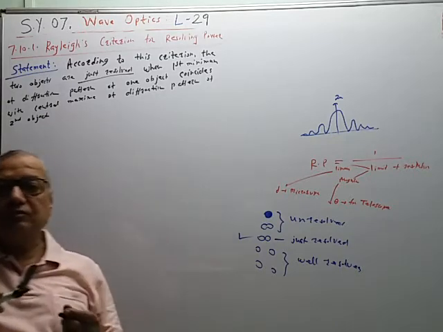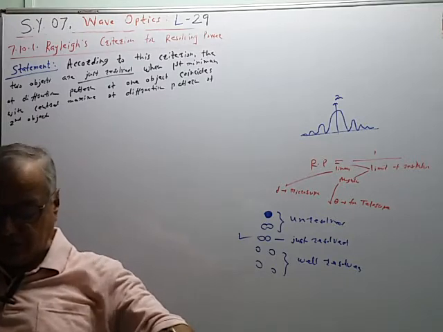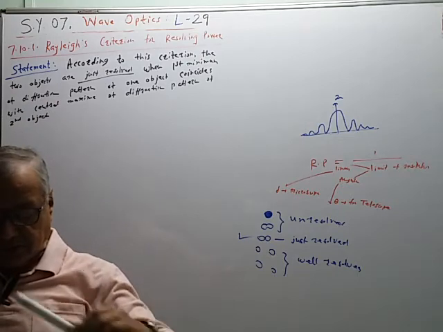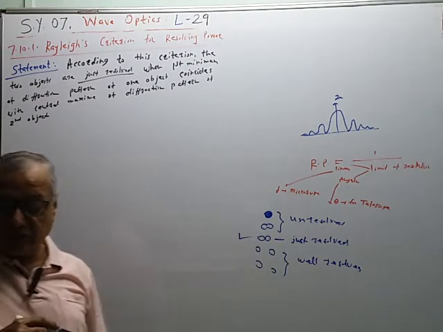The first minimum of the diffraction pattern of one object is coinciding with the central maximum of the diffraction pattern of the other object.